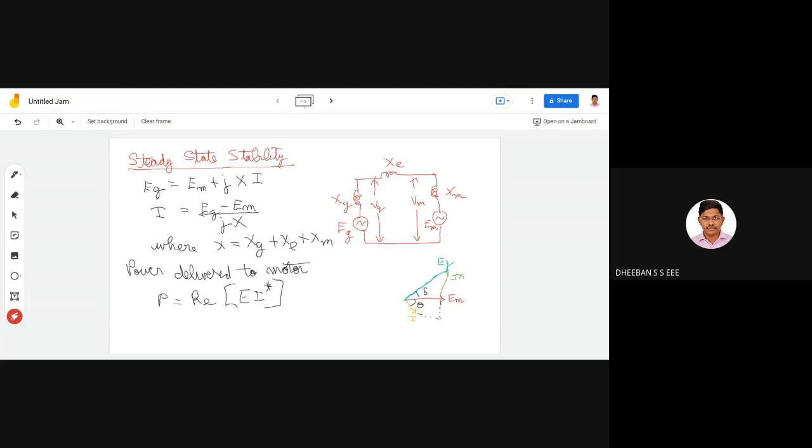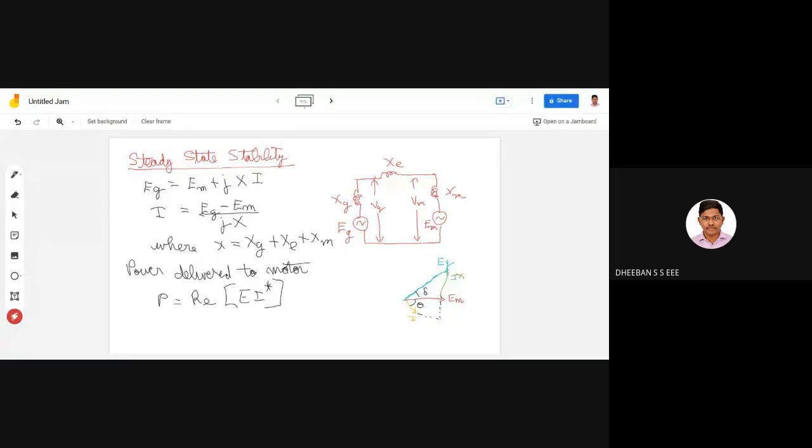The phasor difference between the excitation of your generator and the excitation of your motor is your delta, which we call the rotor angle. It is a very important thing. Based upon this rotor angle only, you can define the stability.